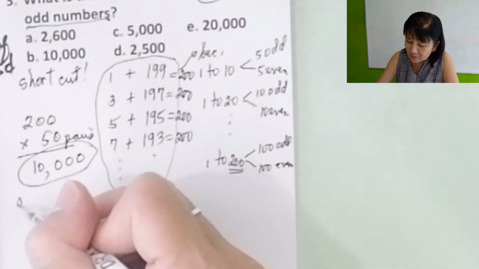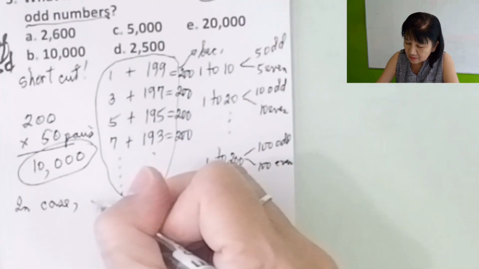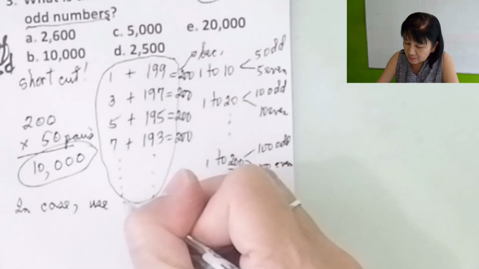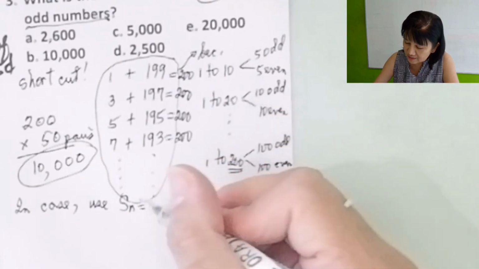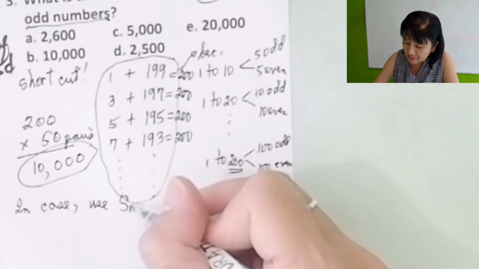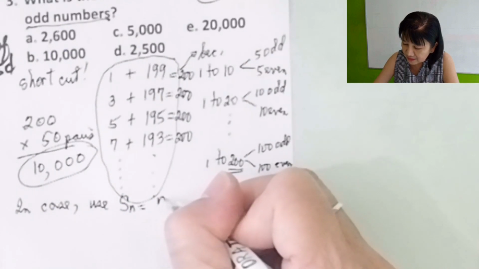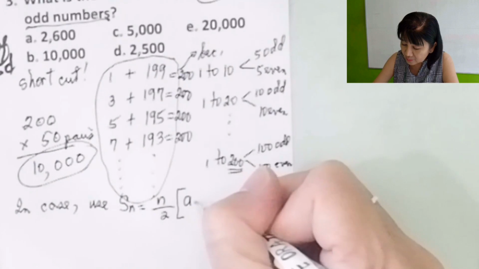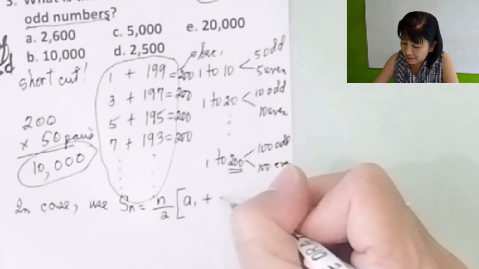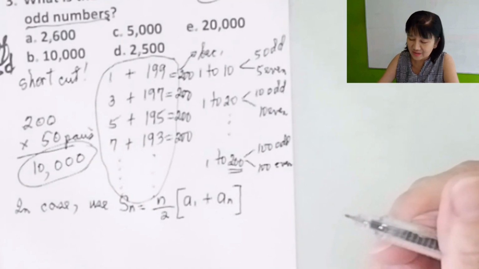Now, in case you do not want that shortcut, you can use your S sub n formula that you learned from the arithmetic sequence, which is the sum of the first n numbers: n over 2 times the quantity a sub 1, the first term, and a sub n, the nth term. You can also use that.